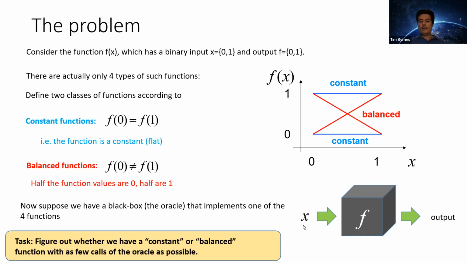Classically, you would have to evaluate this at least twice, because if you only have one input, then it could be any one of these four points, and in each of these cases you just cannot distinguish whether it's in the balanced category or the constant category. So that's the name of the game.